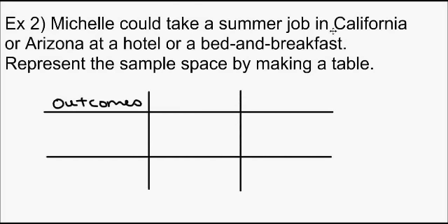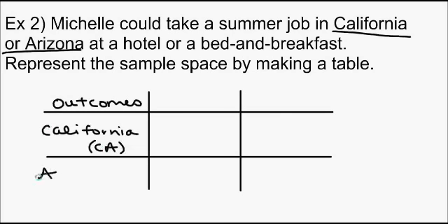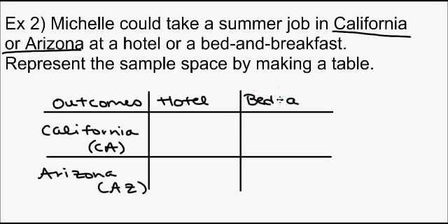So it says she could go to California or Arizona. So this is if she goes to California, you could write CA, or Arizona. And she could work at a hotel, or she could work at a bed and breakfast.